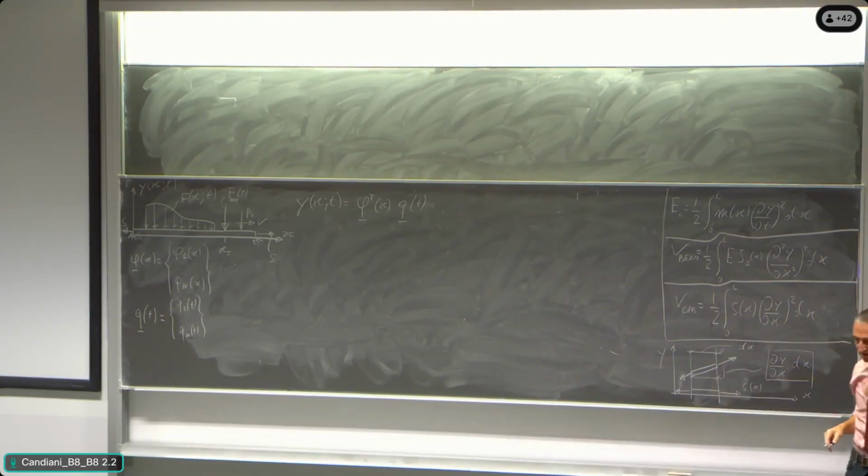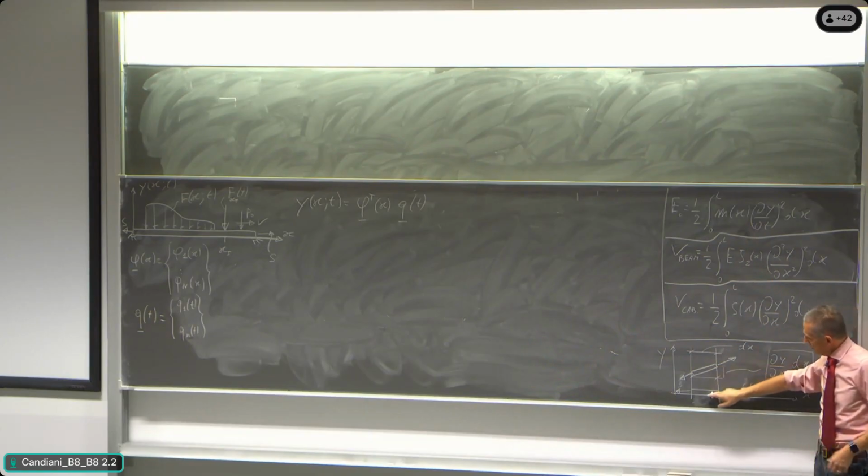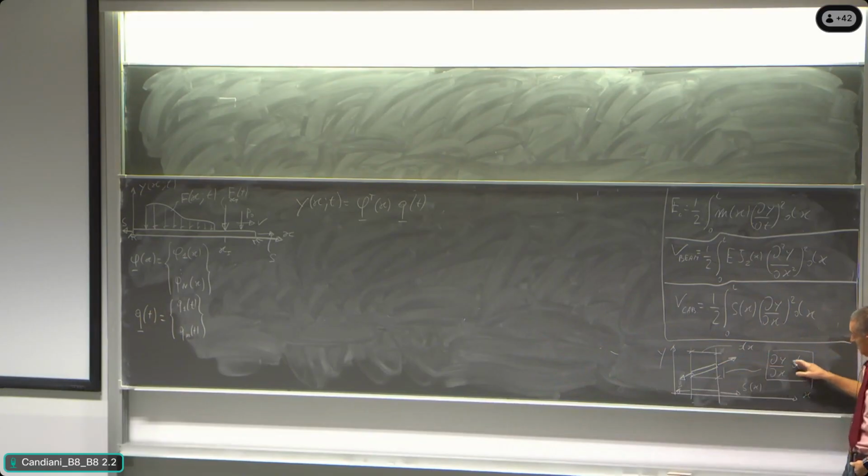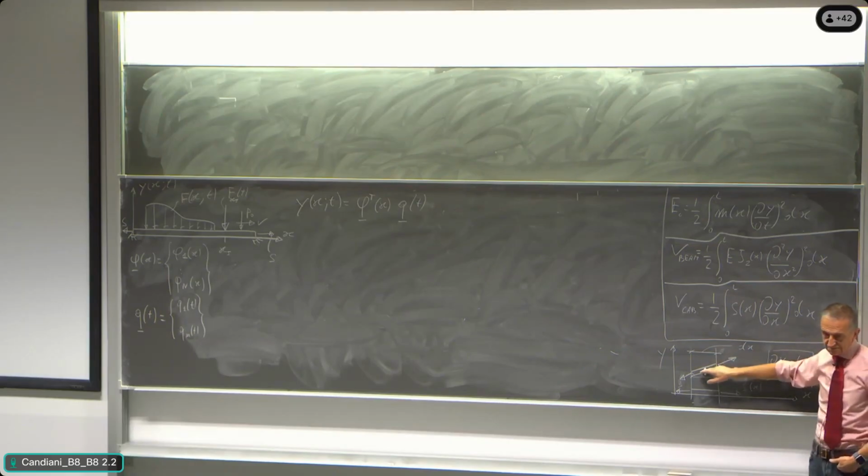In order to say that the potential energy is changing, we have to say that the cable moving from this, the dx portion of the cable, when it is inclined with a tangent dy over dx, it is longer. It is obvious that it is longer, okay?